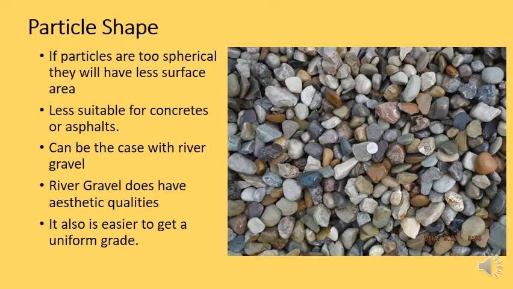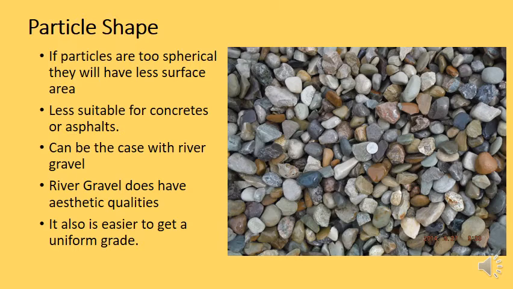Now, if the particles are very spherical, that will mean they will have less surface area. That should be quite obvious to you. Spheres have a much lower surface area for a given volume than, say, a cube. So the more rounded or circular an aggregate is, the lower the surface area.